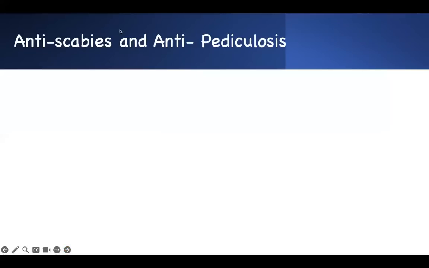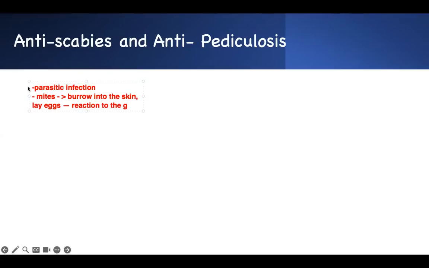The next one is scabies. This you have to master, right? This is a parasitic infection. It's a parasite. It lives on you. It's caused by mites that burrow into your skin, make holes in the skin, and they live there and lay eggs, and you react.